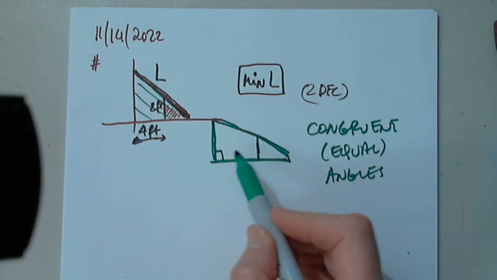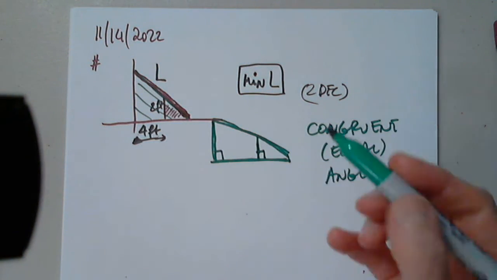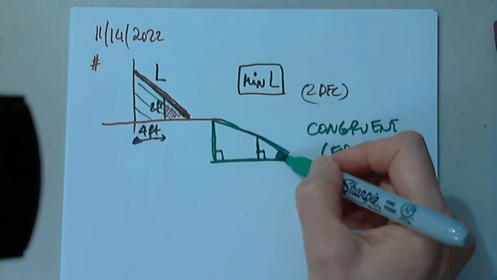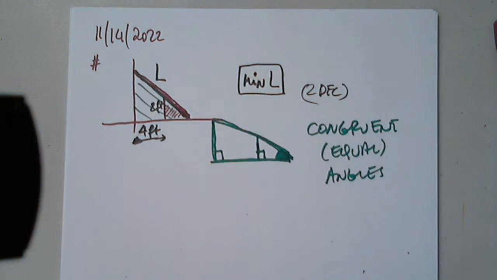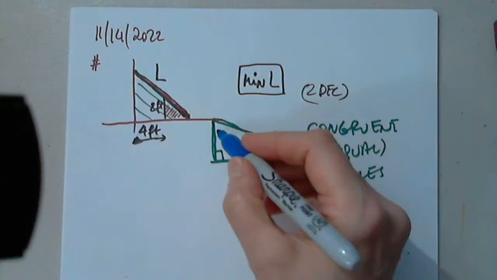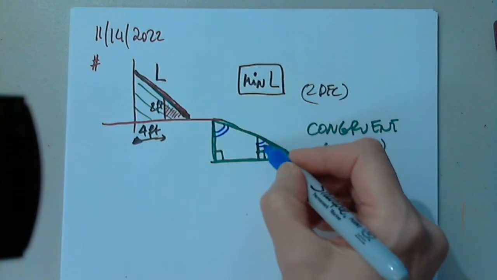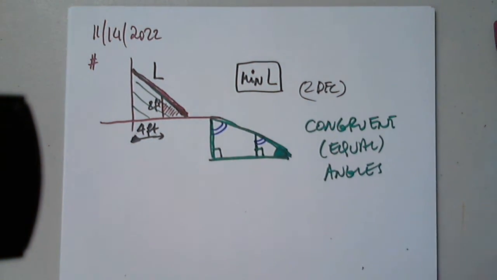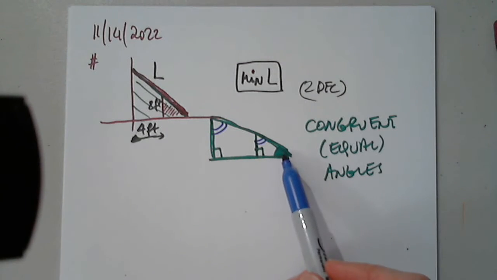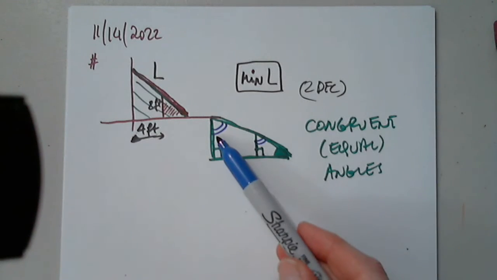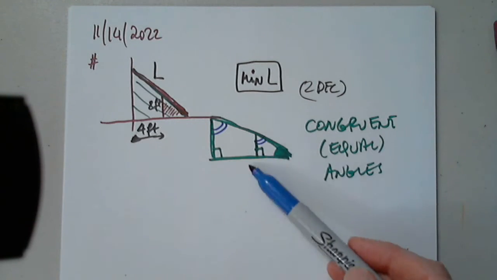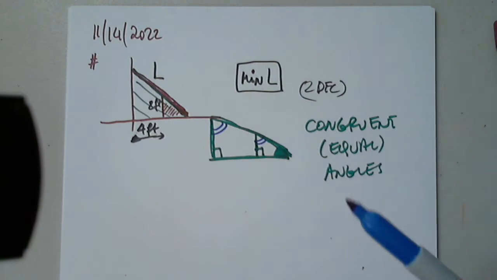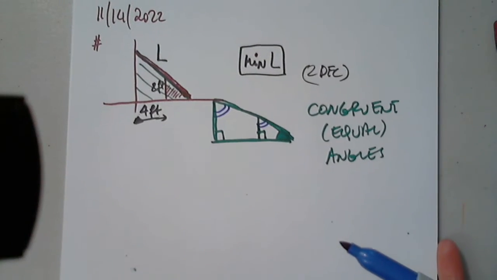So first of all, they are both right triangles, and they have a common angle. So they must be similar because the other pair has to be the same. Otherwise, it would not work. If 2 pairs are equal, or congruent, if these are not equal, then we're not having 180 degrees as a sum of all the angles.